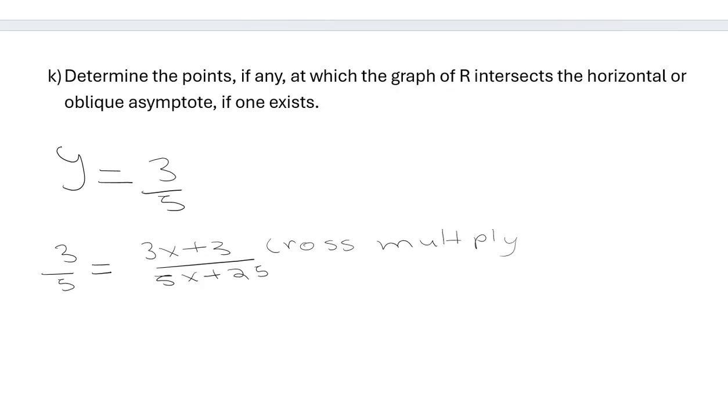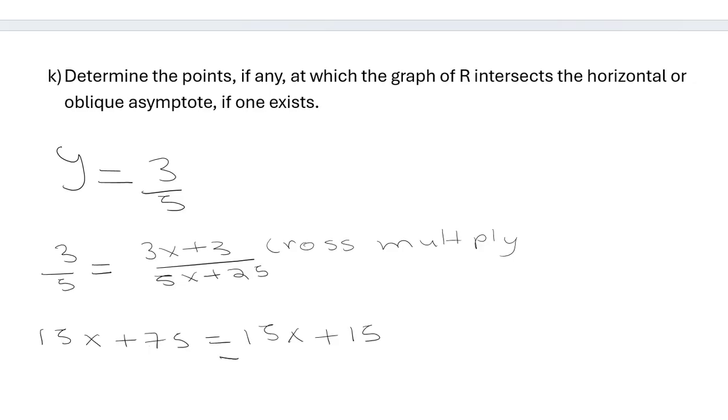Okay, so I cross multiply. Then that leaves me 3 times 5x is 15x, and 3 times 25 is 75, so plus 75 equals 5 times 3x, 15x, and 5 times 3, 15. Now I'm going to combine like terms.